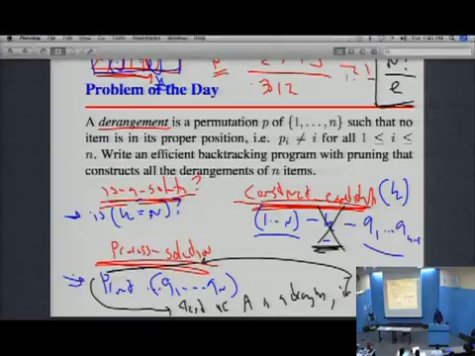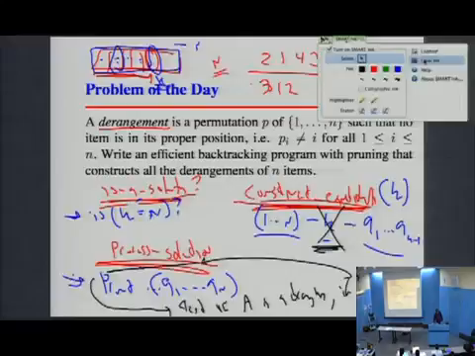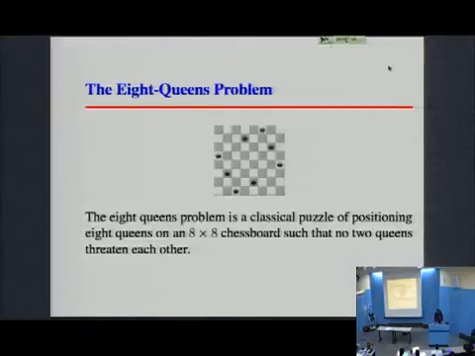So let's talk about the queens problem. Let's talk a little more about pruning, where the pruning win is going to be very big if you use the right pruning and the right representation. There's a famous problem called the 8 queens problem.